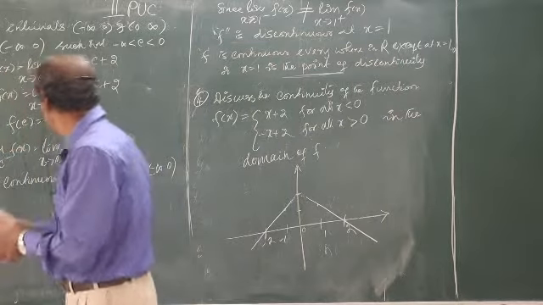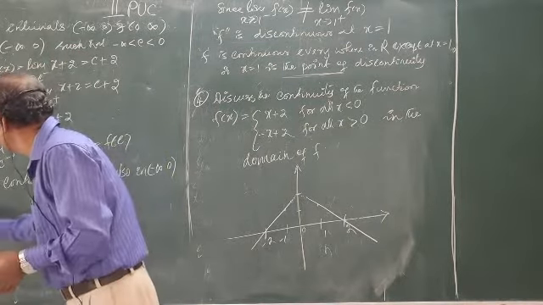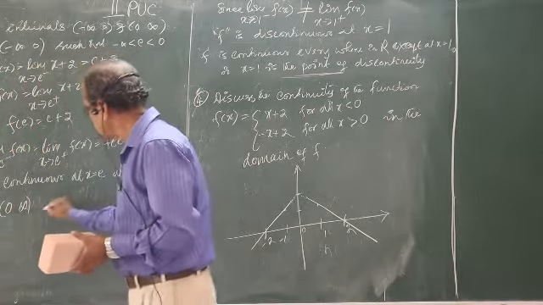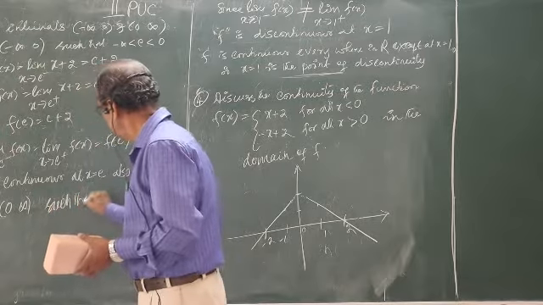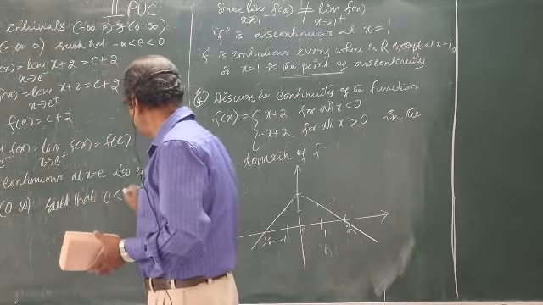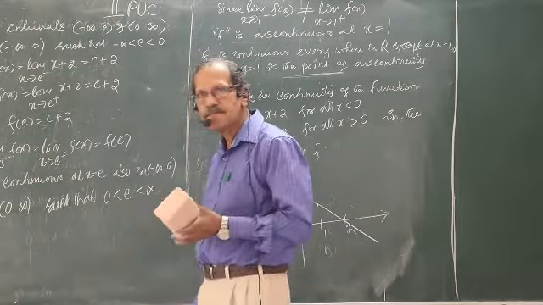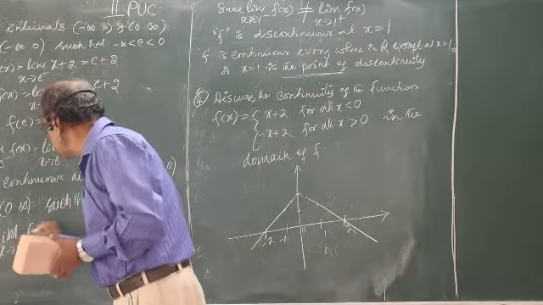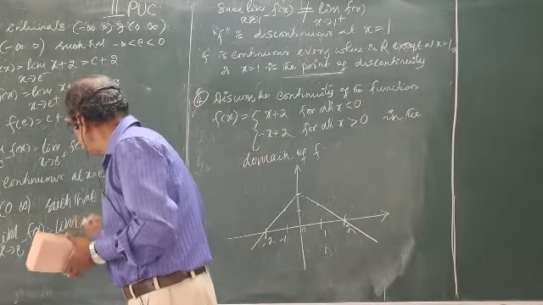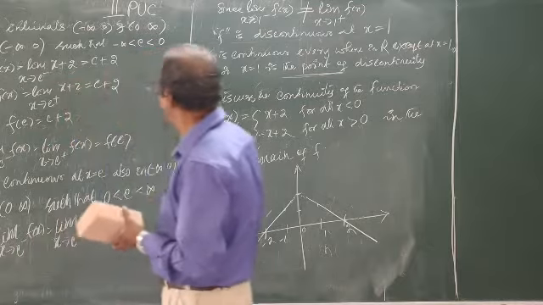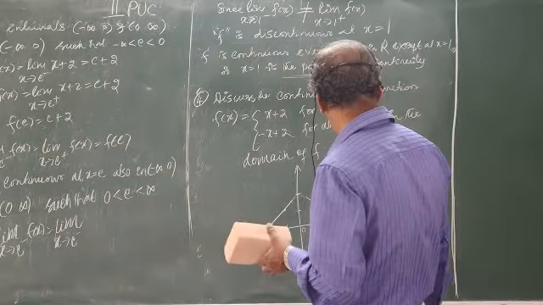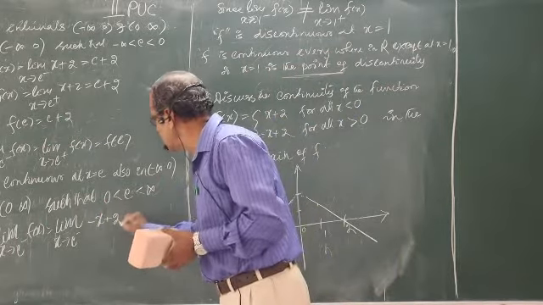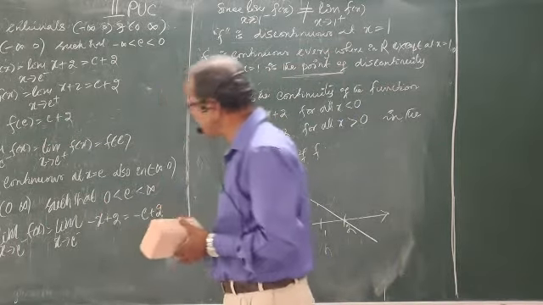Let c belong to the next interval 0 to infinity, such that 0 less than c less than infinity. Limit x tending to c minus f of x: now c is positive, greater than 0, so the equation will be minus x plus 2, giving minus c plus 2.